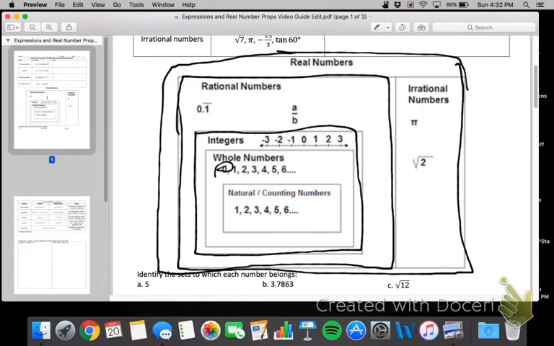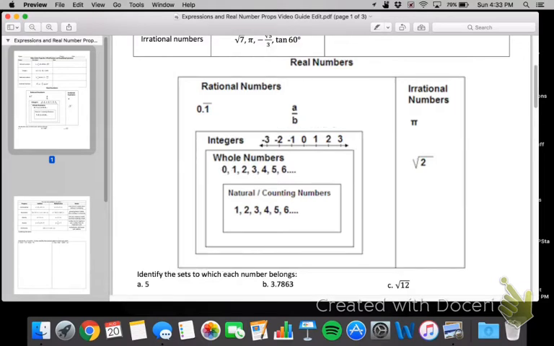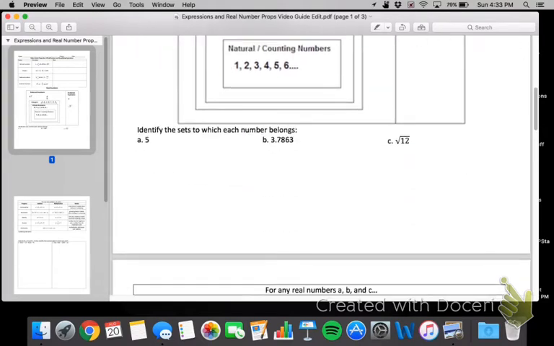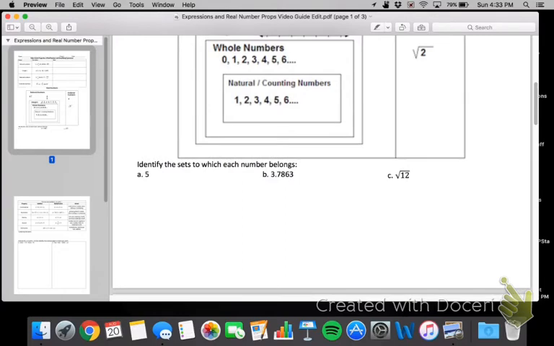And later in the course, we'll talk about this other set of numbers called complex numbers that are not real. They exist, they're just considered not real by the mathematical definition. So let's talk about applying this definition. Identify the sets to which each number belongs.